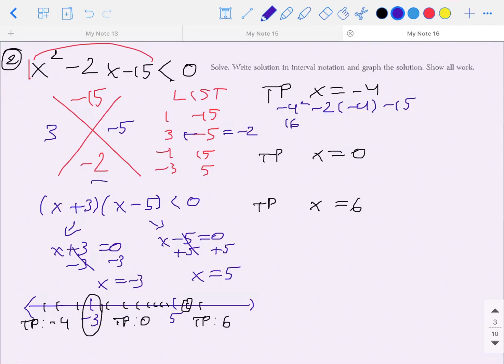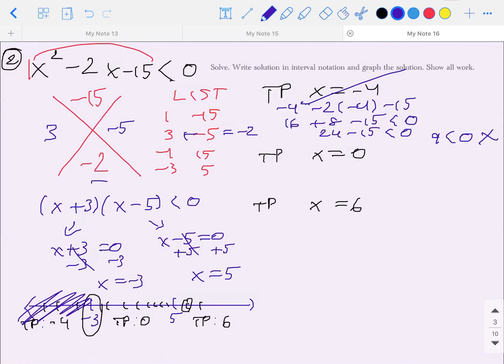That's 16 plus 8 minus 15. And this must be less than 0. That's 24 minus 15 must be less than 0. And this becomes 9 is less than 0, which does not make sense because 9 is bigger than 0, so this is disqualified. So therefore, this will not be in the solution.